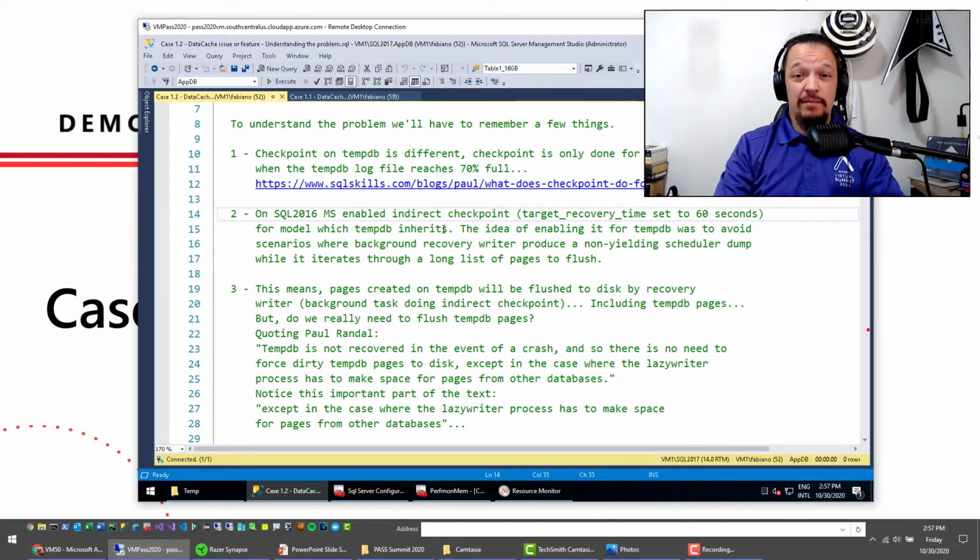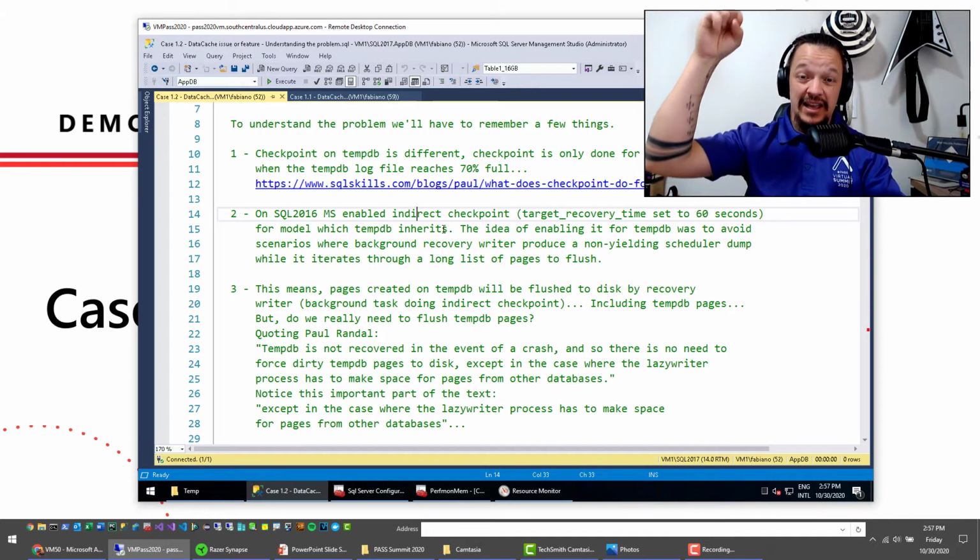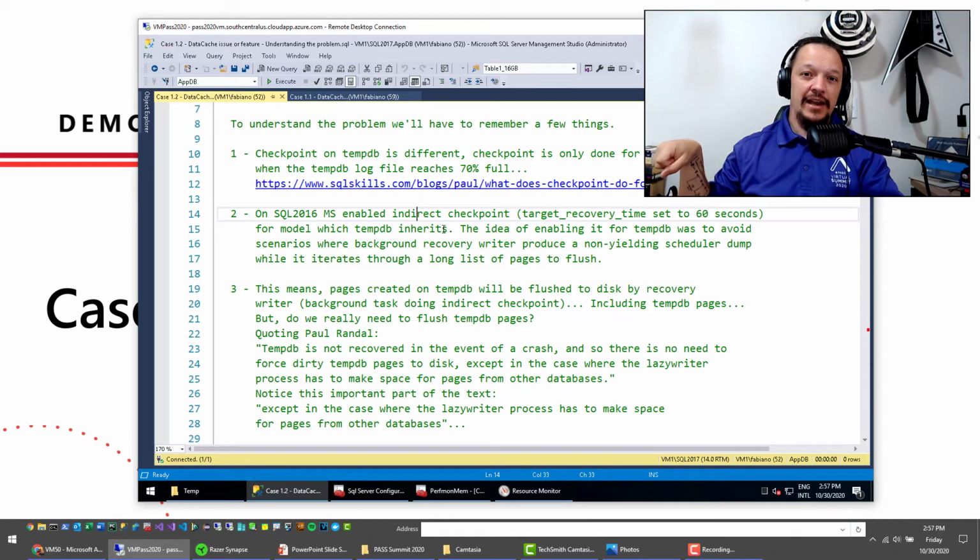But indirect checkpoint doesn't flush pages created by non-logged or minimally logged operations, which is the case for the package that I'm running. I'm reading the flat file and inserting the data into a table. That's a minimally logged operation. So that means indirect checkpoint, even though it's enabled, won't flush those pages.